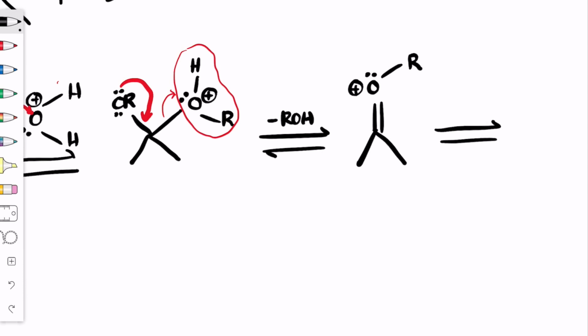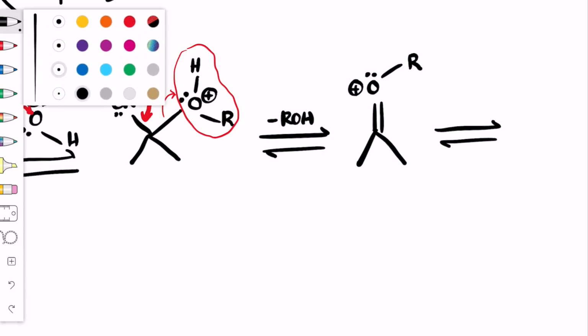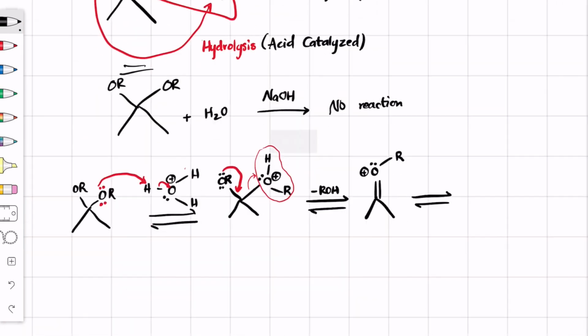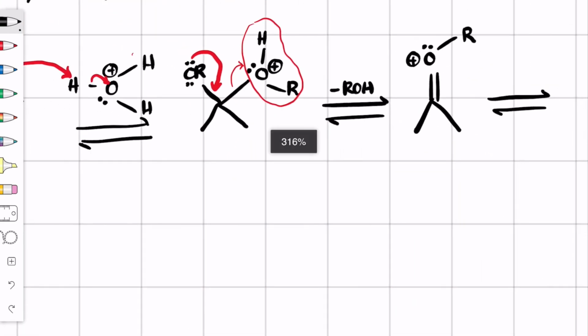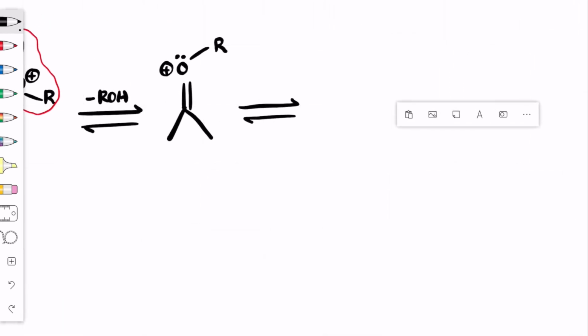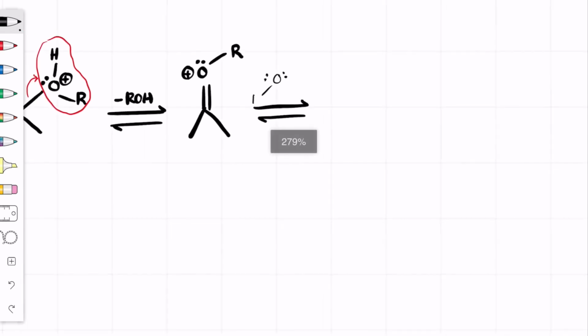Now it undergoes a nucleophilic attack by a weak nucleophile. So the weak nucleophile that attacks here is water. So the oxygen here attacks the carbon, and these electrons will go back to oxygen.